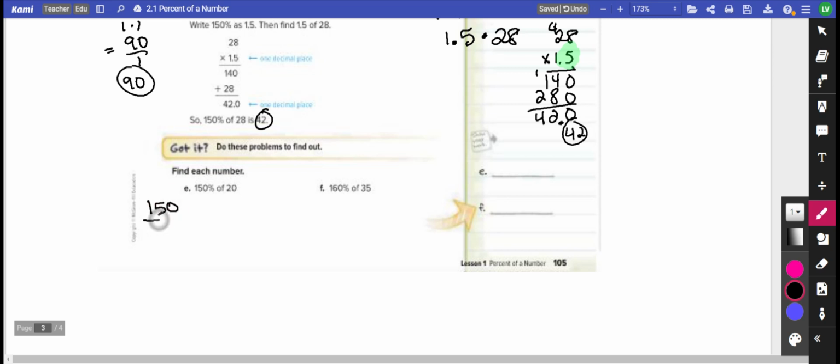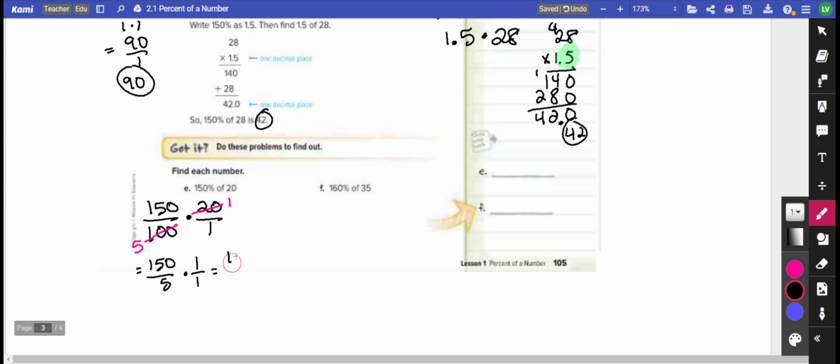So 150 divided by 100 times 20 divided by 1. So I'm going to do some cross-reducing. 20 can go into 20 once, 20 can go into 100 5 times. So that leaves me with 150 divided by 5 times 1 divided by 1.